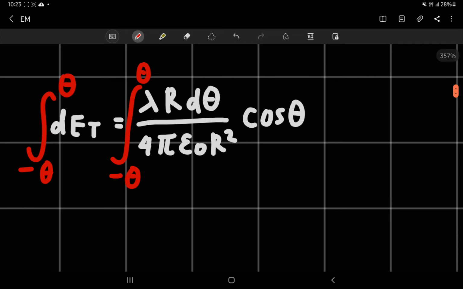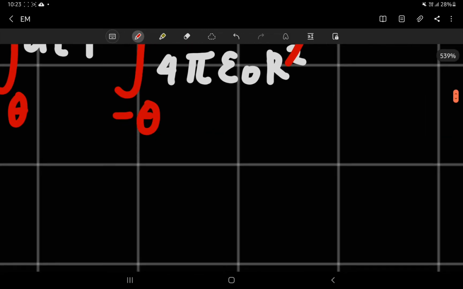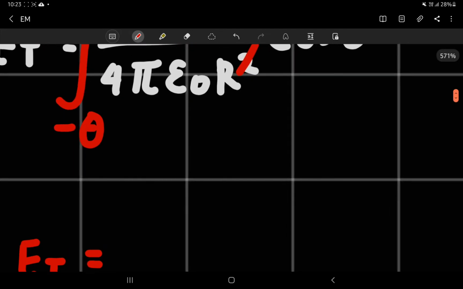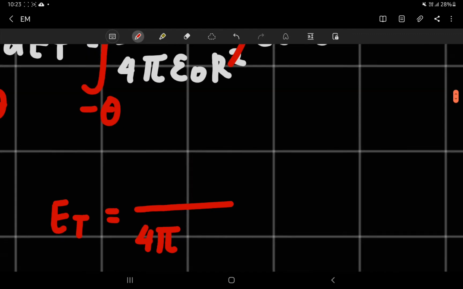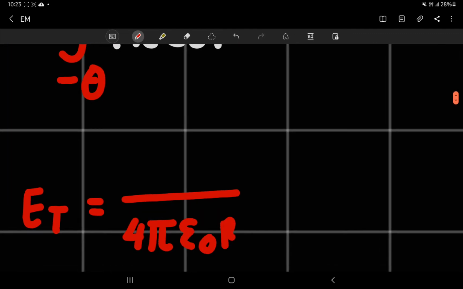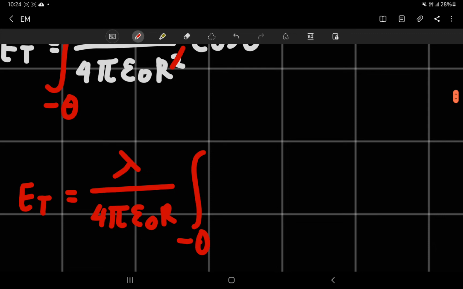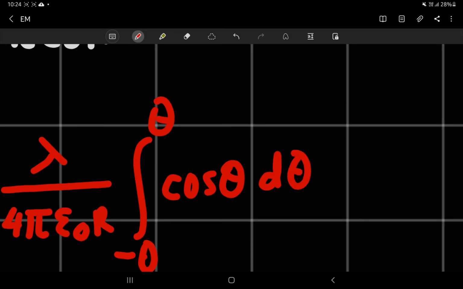First we cancel r on top and bottom, so we get E total by pulling out the constant, lambda over 4 pi epsilon naught r, times the integral from minus theta to theta of cos theta d theta. This is easy.